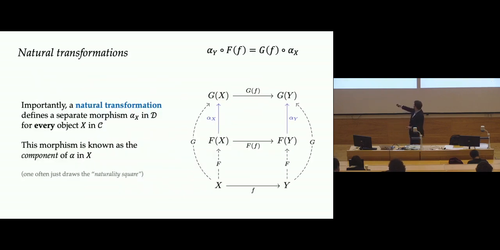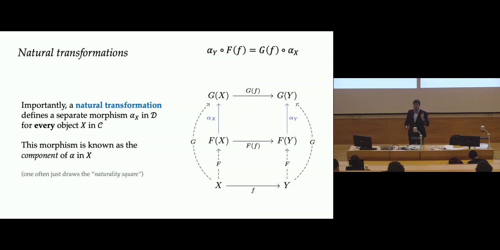So imagine I have x and y in my original category and the morphism connecting them. And now I have these 2 functors F and G, which map x and y into 2 different places, and obviously also this morphism into 2 different arrows. So the natural transformation is this collection of blue arrows for every single object that allows me to close this square. And this square then must commute. This is the idea of a natural transformation.